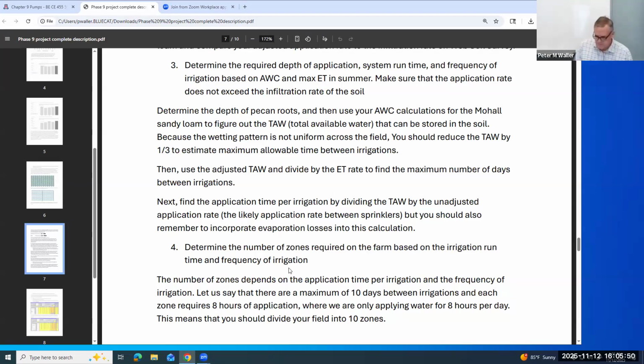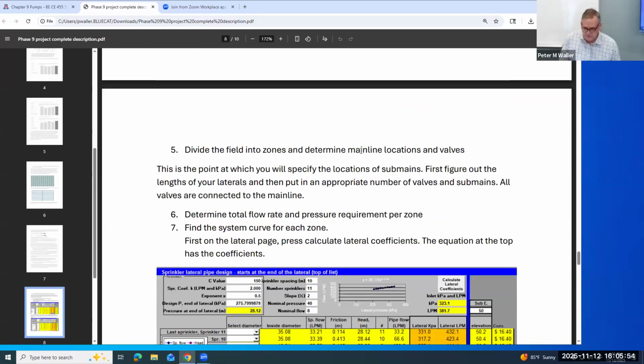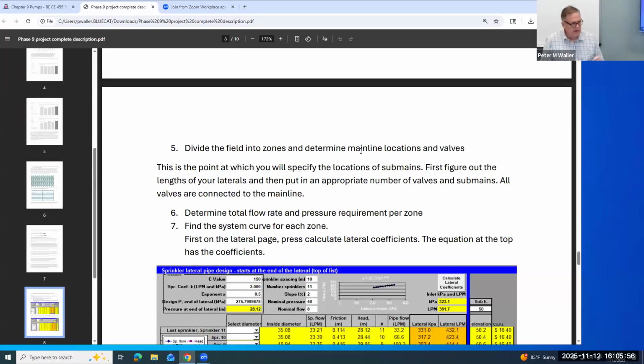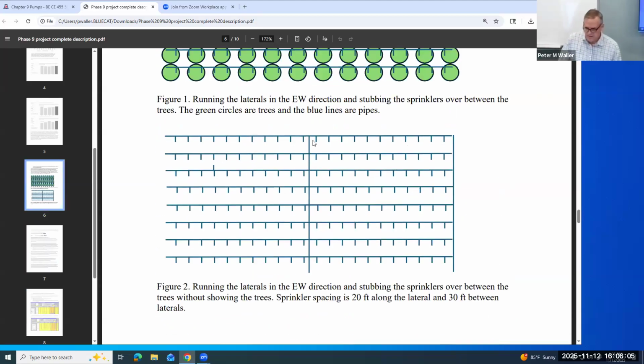So you'll find your number of zones based on your frequencies, and you divide the field into zones, and then you'll figure out your valve locations. So let's say this is a zone, and this is a submain. You'd have a valve at the beginning of the submain, and then it would supply directly all these laterals.